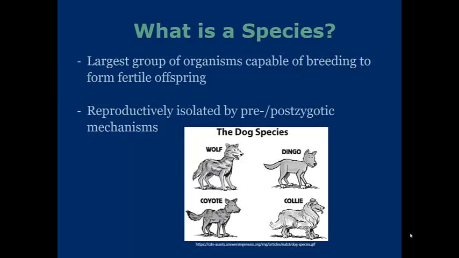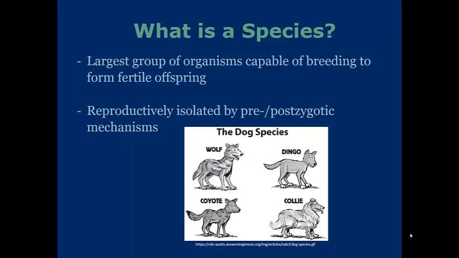What is a species? I've mentioned species earlier in the lecture, but what does it constitute? It's the largest group of organisms capable of breeding to form fertile offspring. They're also reproductively isolated by pre- or post-zygotic mechanisms. An example of a pre-zygotic mechanism would be being unable to fertilize and successfully create a zygote.